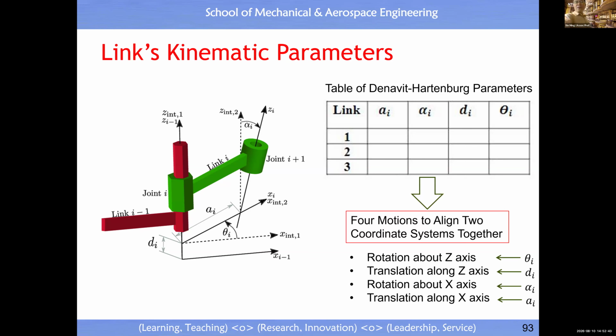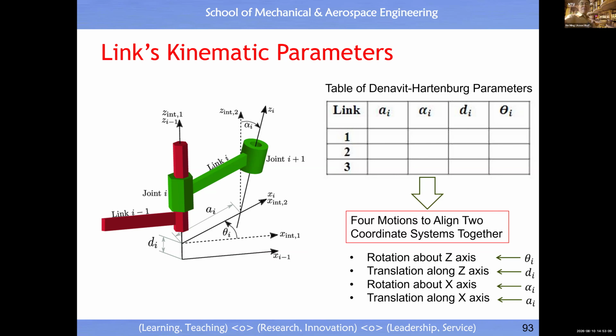You just look at the motion sequence which will bring one coordinate system to superimpose another coordinate system. A sequence of motions makes the 2 adjacent coordinate systems superimpose together. First is to rotate about the z-axis, with kinematic parameter theta i.